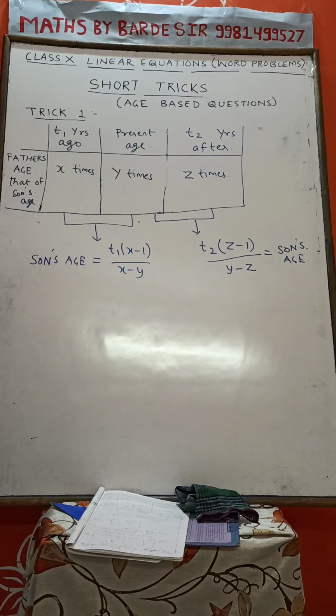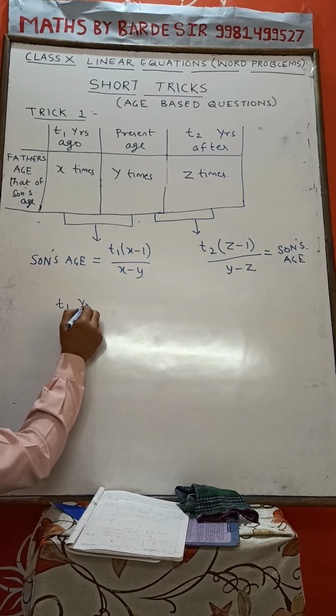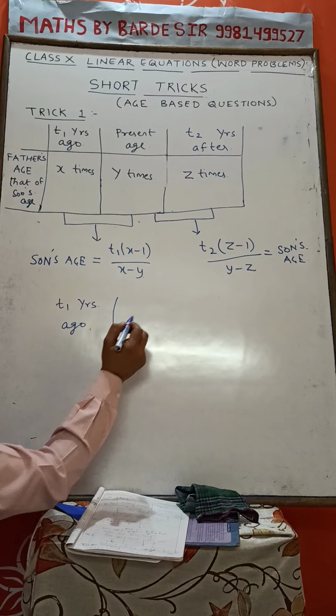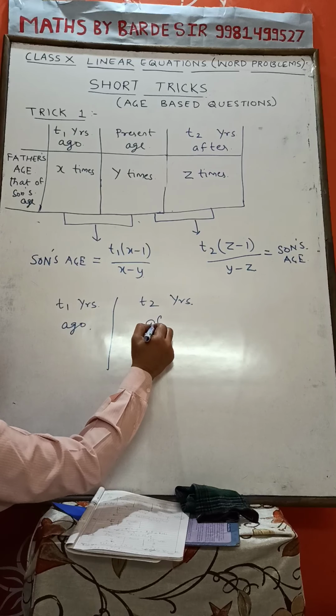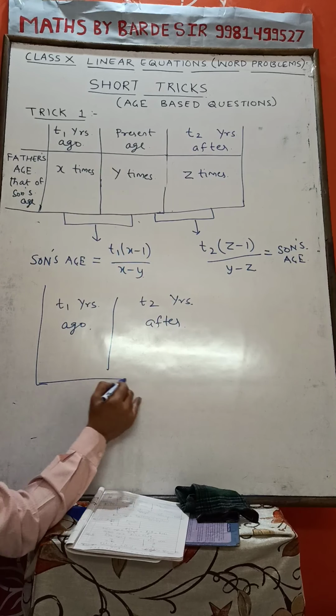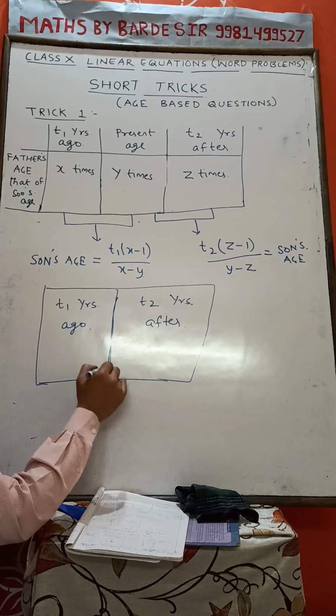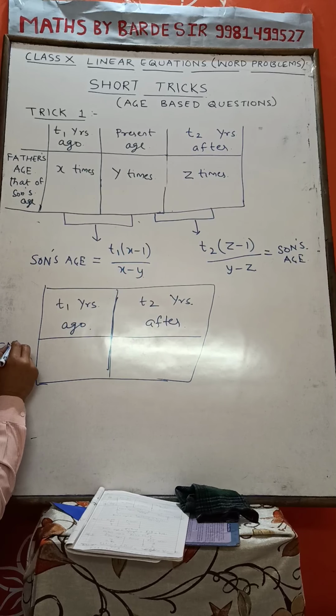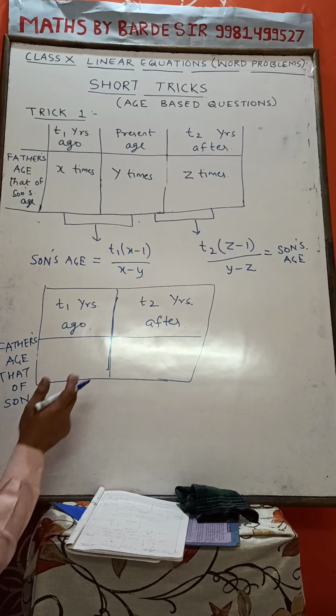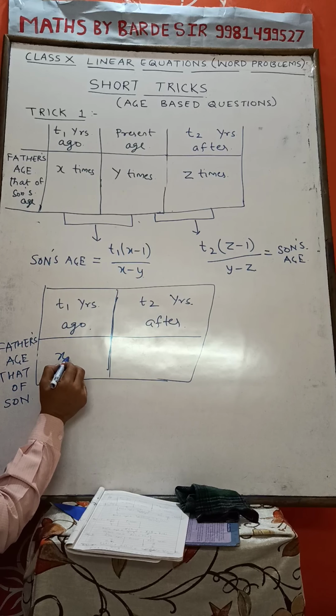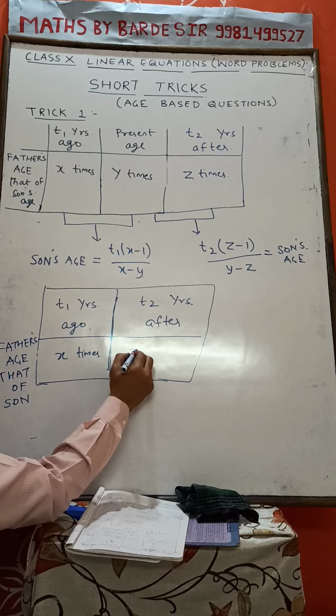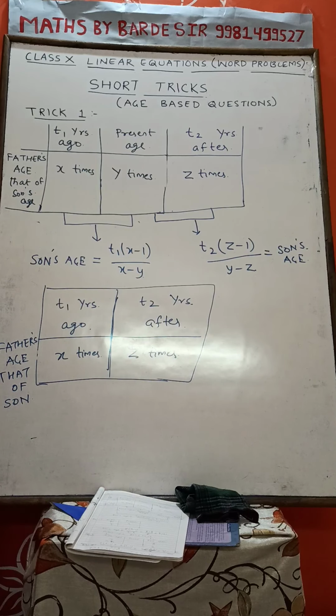For example, now further, one more thing. If you are given a direct relation, that is T1 years ago and T2 years after, in this case, father's age, that of son, T1 years ago is x times and T2 years after is z times.